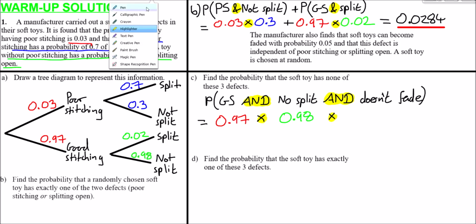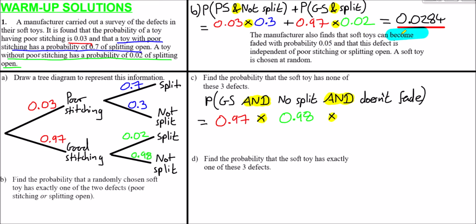So we're told here that the chance of it actually fading is 0.05. Therefore, the probability of it not fading will be 1 minus 0.05, which is 0.95. So multiply all those together and round if needed.